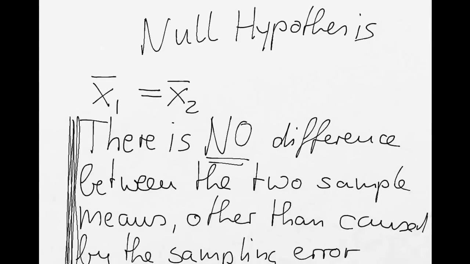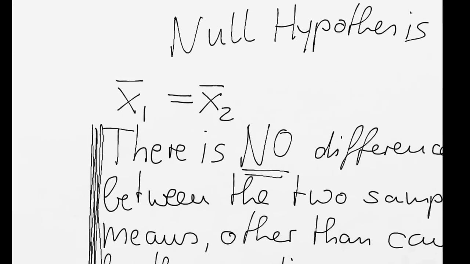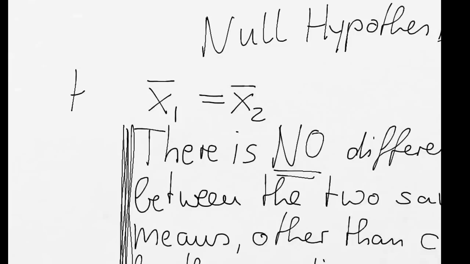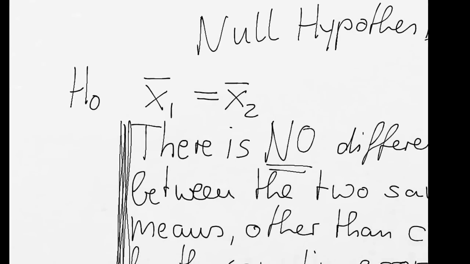And we usually abbreviate that by H subscript 0. That is the null hypothesis. Our two means are the same apart from the sampling error.